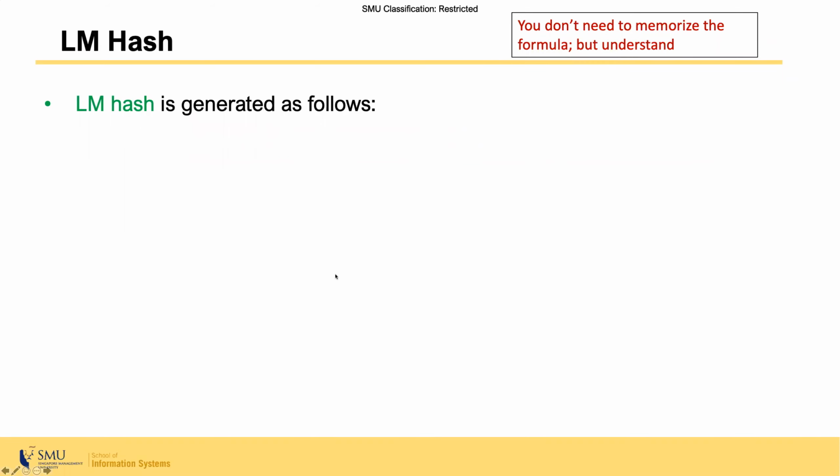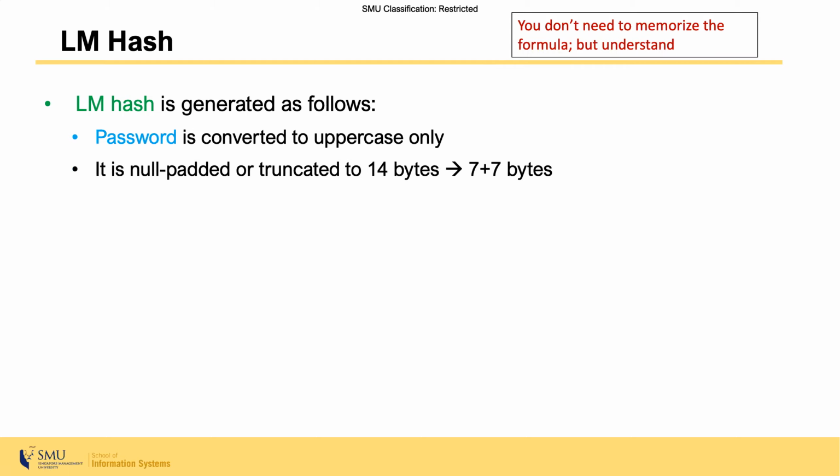LM hash. First step, the password is converted to uppercase only. Second step, if your password is too short, it will be null padded with zeros. Or if your password is too long, it will be cut, also called truncated, to make sure that it becomes 14 bytes.